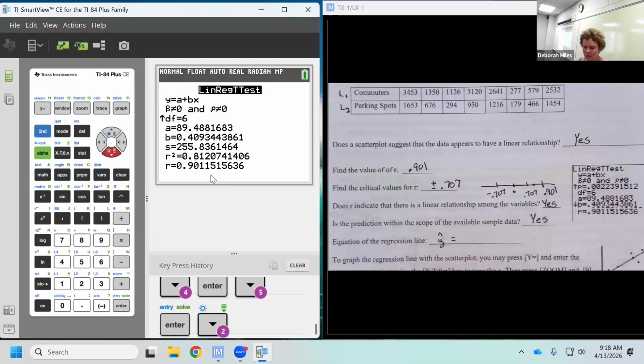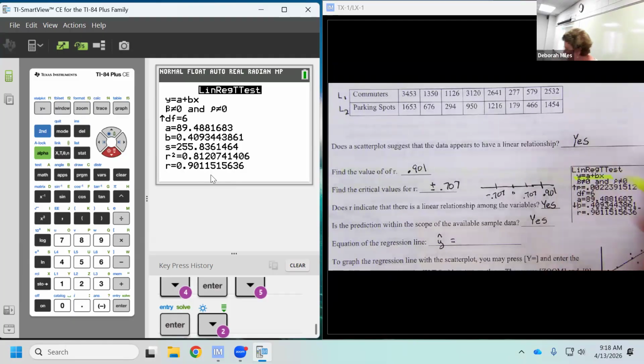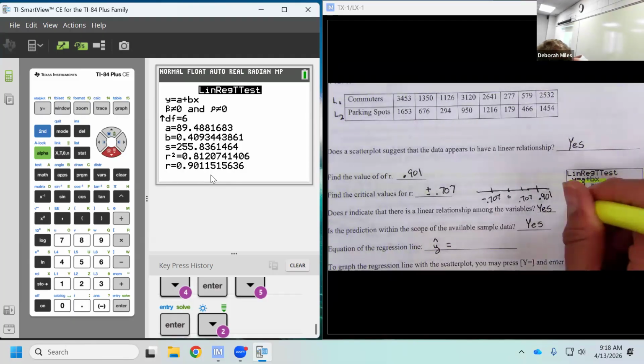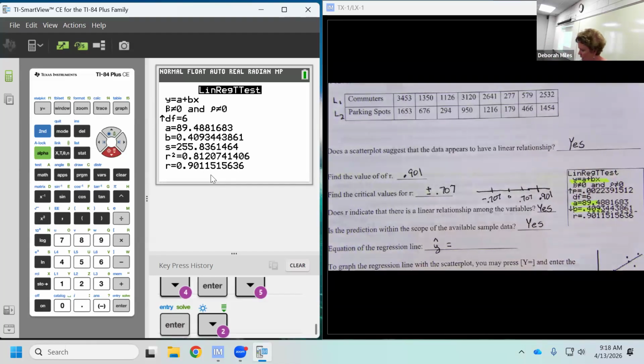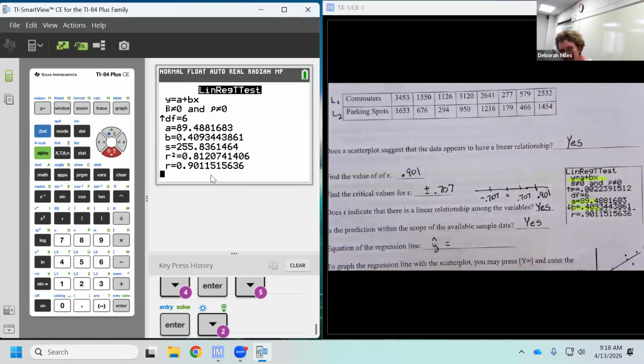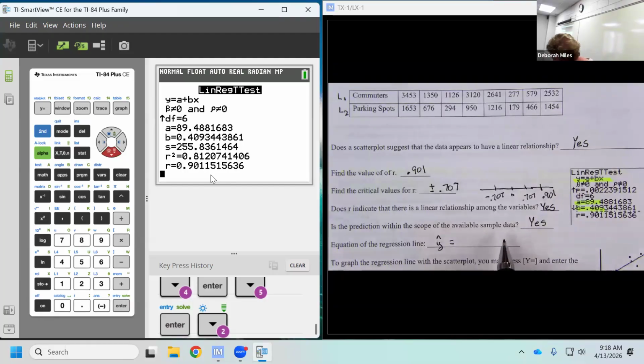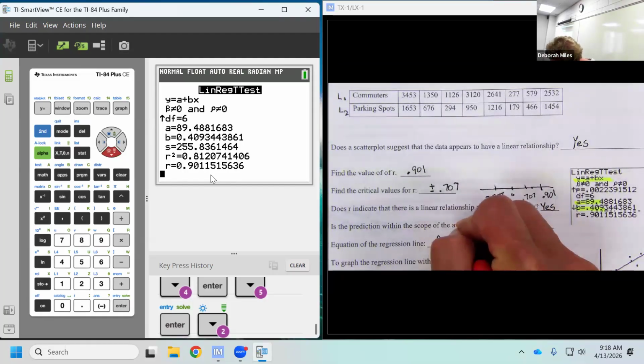Yep, I always look up here to make sure my calculator is giving me this in the form A plus BX, where it gives me the A and the B. And I think always in MyLab, it'll tell you what to round to. Let's say it says round A to 1 decimal place. What would A be to 1 decimal place? 89.5.